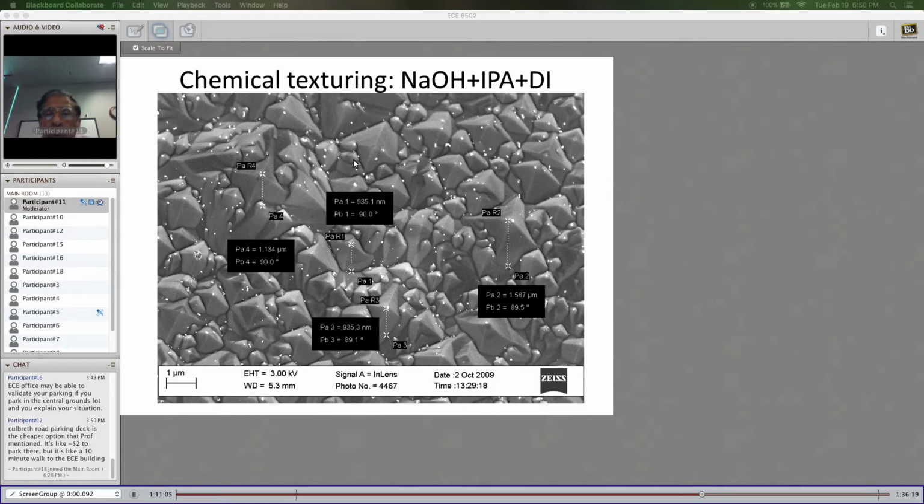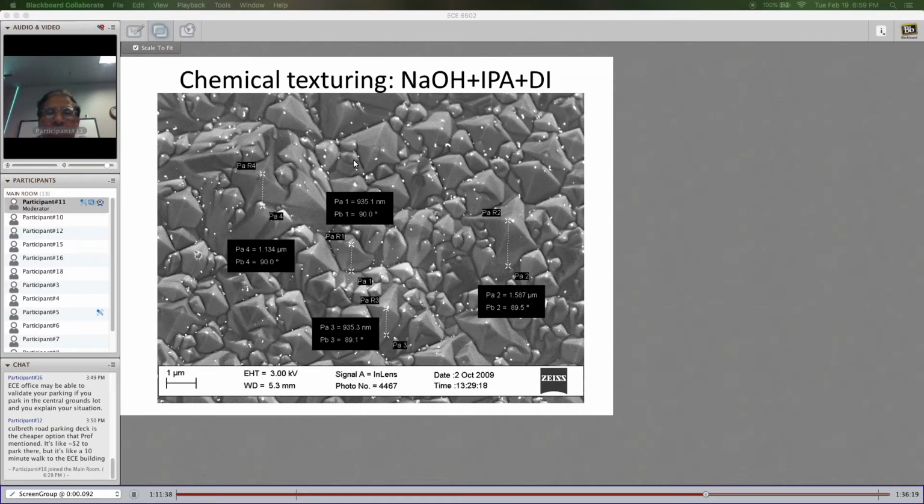So the average spacing between these cones is on the order of a few microns. That gives you the scale of the roughness which you can achieve by anisotropic etching. This has become mostly a standard process for the solar industry for reducing reflection: chemical etching.